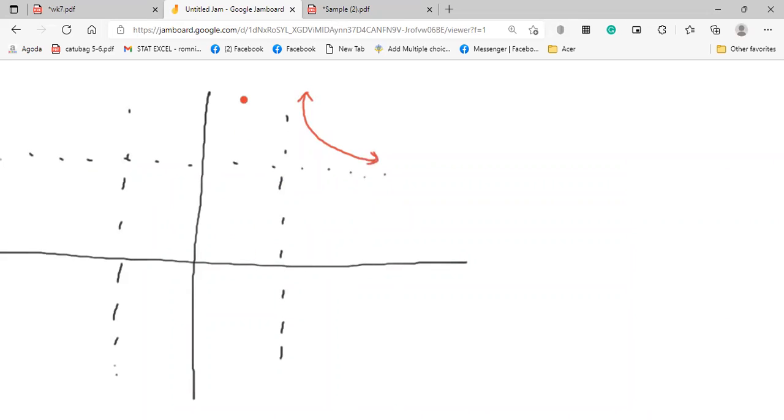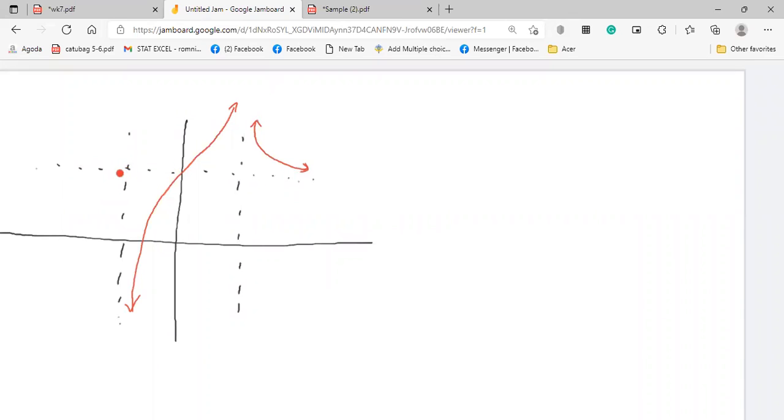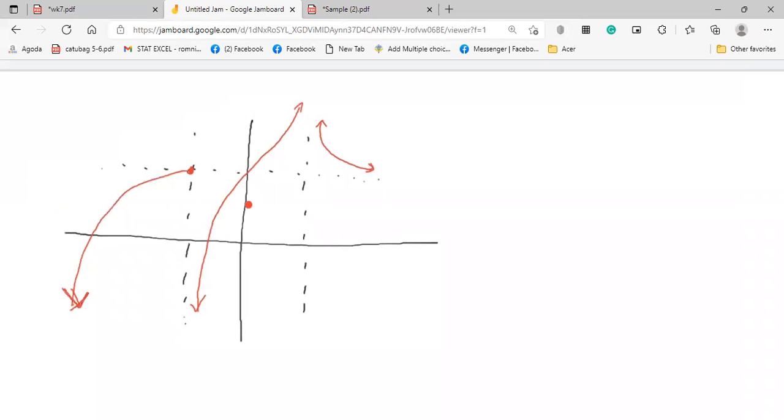Tandaan nyo class, iba-iba ang itsura ng bawat graphs. Sample graphs lang ito para maintindihan ninyo yung tinatawag natin limits at infinity and infinite limits. Okay? Let's say this is 4, this is negative 3, and this.